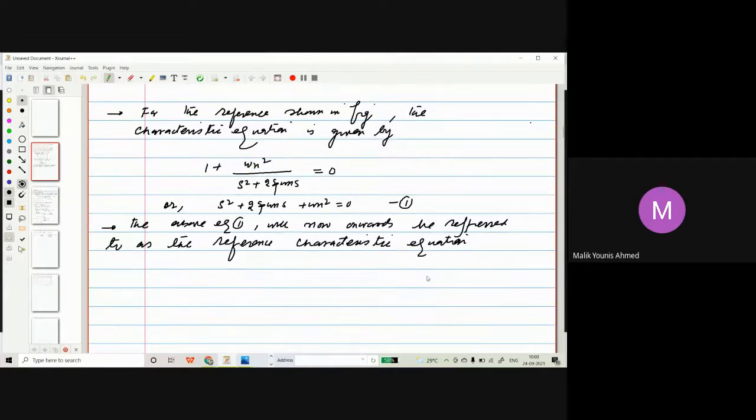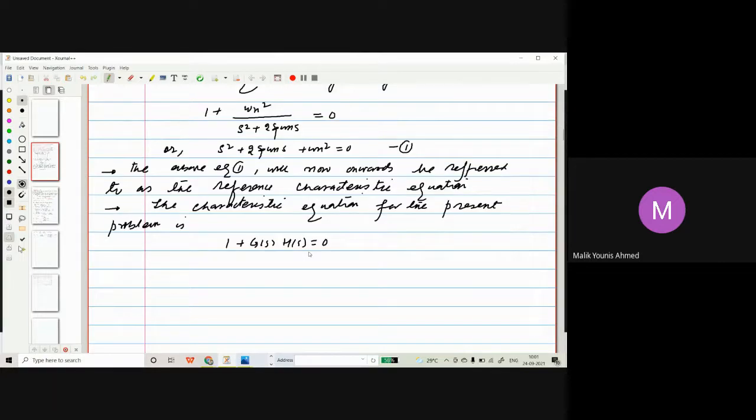Now in general, how we write the characteristic equation for the present problem or numerical: generally we have to write 1 plus G of S, H of S as the general characteristic equation.